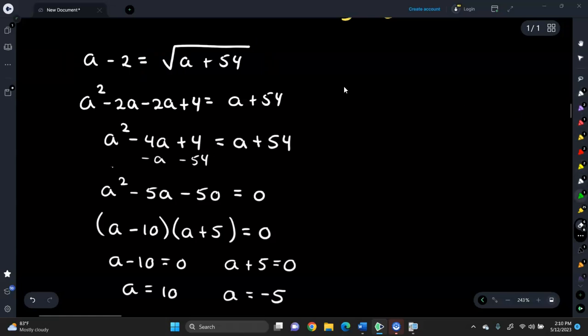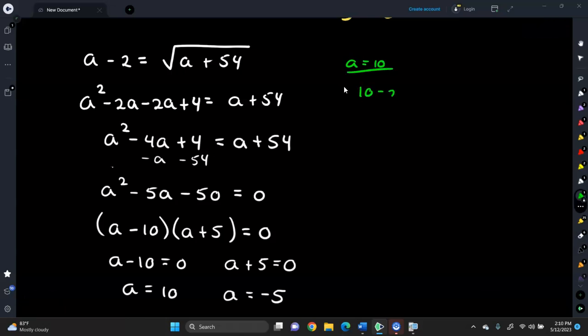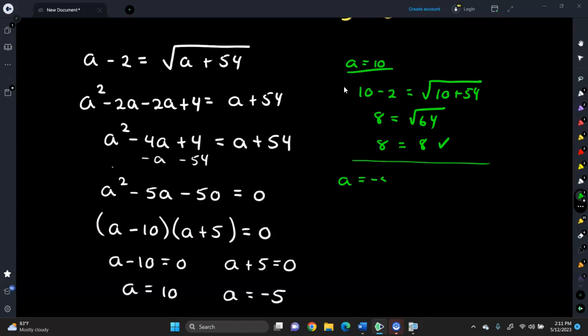Checking our solutions, a equals 10. That gives me 10 minus 2 equals the square root of 10 plus 54. So we get 8 equals the square root of 64. So 8 equals 8, and that's true. We're going to check a equals negative 5.